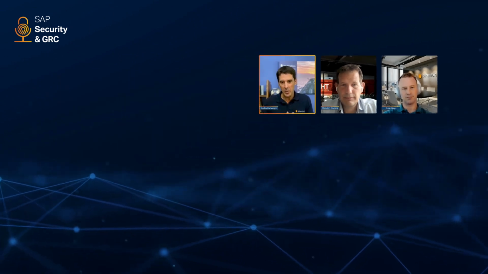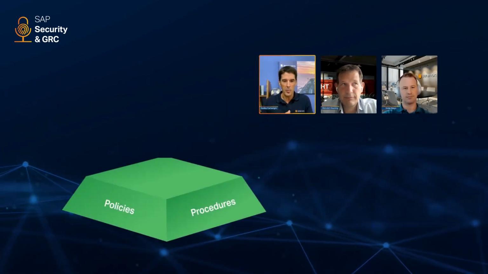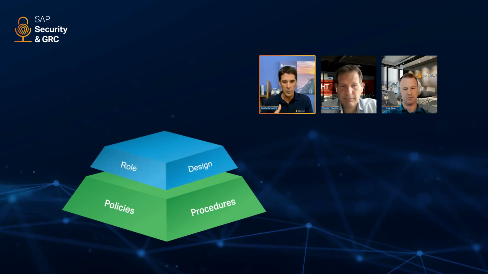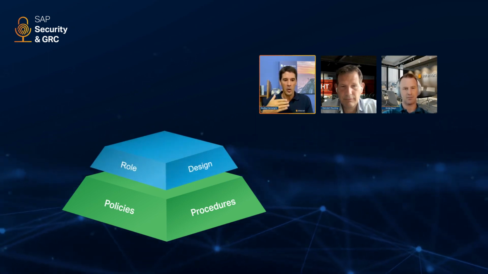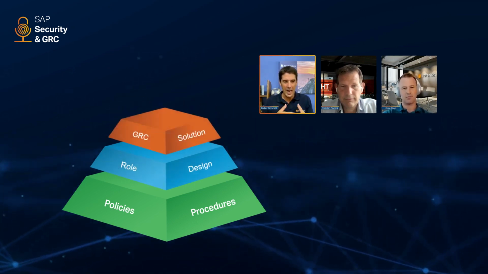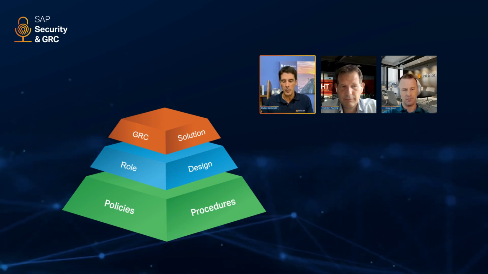Good. I think that sort of covers everything we wanted to cover then, with the effective GRC pyramid and all the components of that. So maybe just to summarize, you've got to consider at the base of the pyramid your policies and procedures. You've also got to look at your role design. You've got to look at implementing an access control solution that's a good fit for your environment.